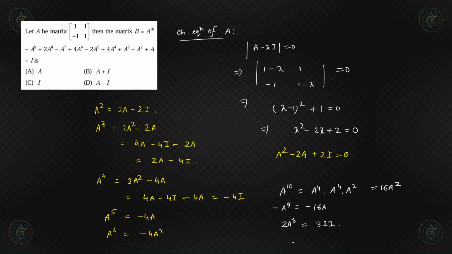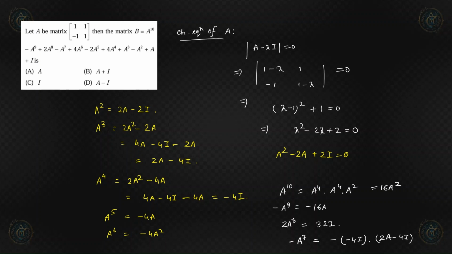And minus a to the power 7 will be what? Minus a to the power 7 will be minus, then a to the power 4 times a cube, right? So a to the power 4 is minus 4i, so minus 4i times a cube. A cube is what? A cube is 2a minus 4i.